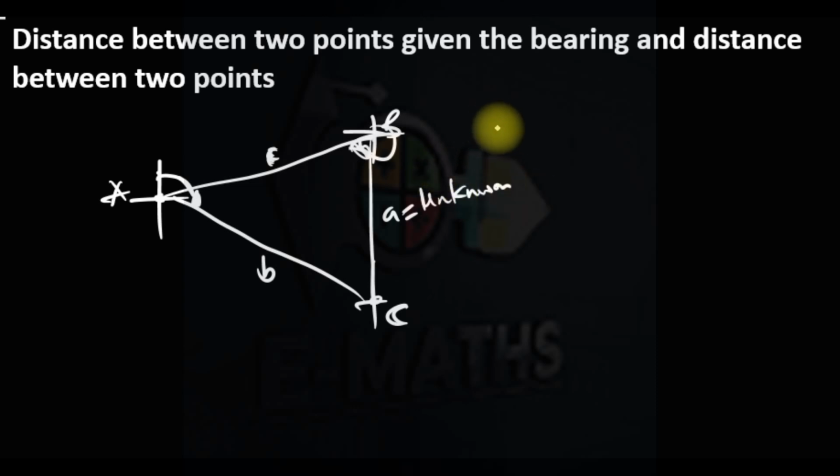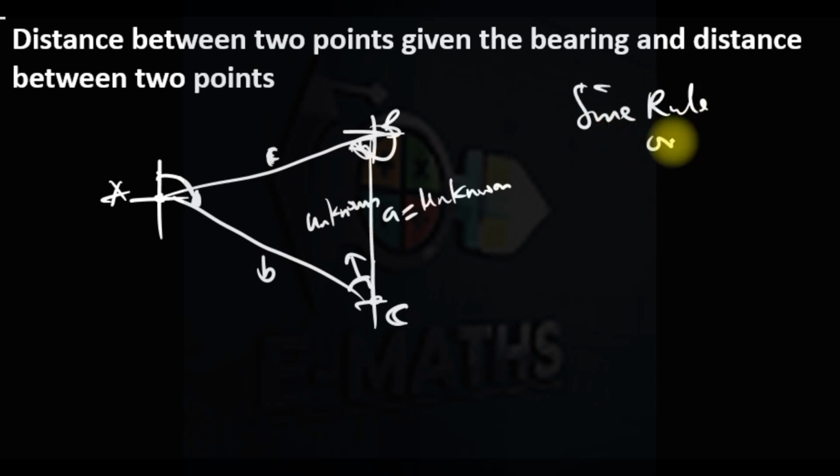So you can now see that for us to solve the unknown side and maybe unknown angle of a triangle, we either use sine rule or cosine rule, if you remember.